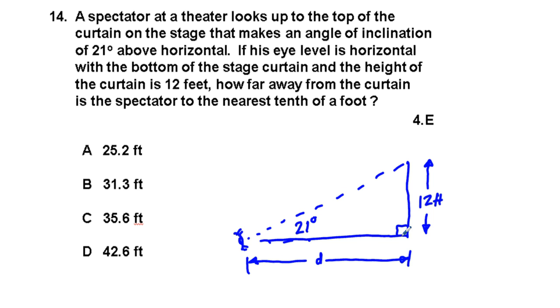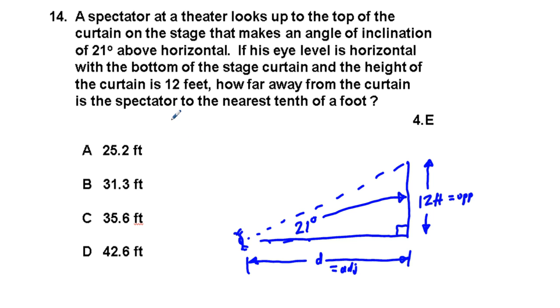Being a right angle situation, this is an opportunity to exercise the evaluation using trigonometric ratios. From this angle, 21 degrees, 12 is its opposite, and D down below is going to be our adjacent side.